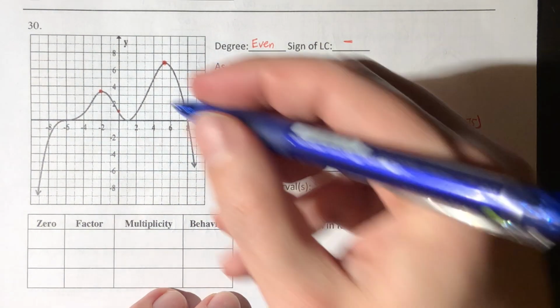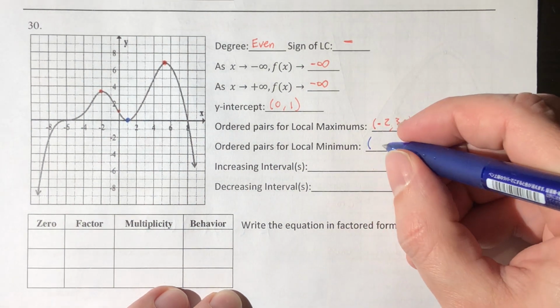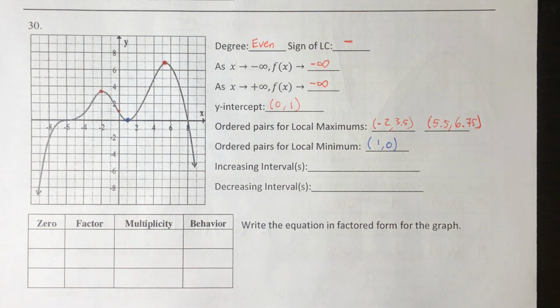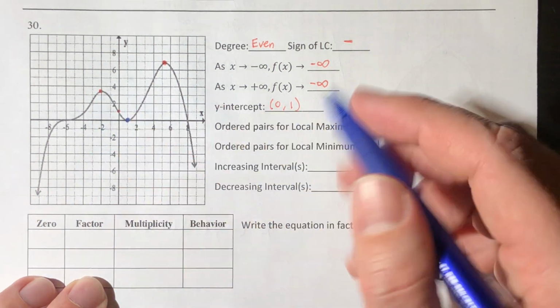Local minimum, I only have one that happens right there. So it's at the point (1, 0).